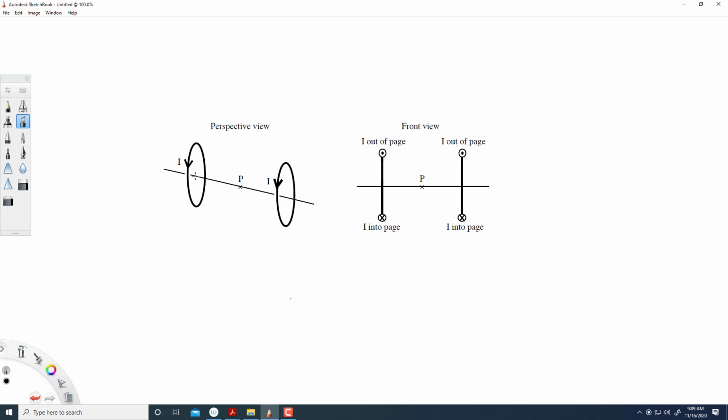So this one, magnetic field, for this one magnetic field is pointing to the right. Okay, so call that B1. And for this one also, magnetic field is pointing to the right.